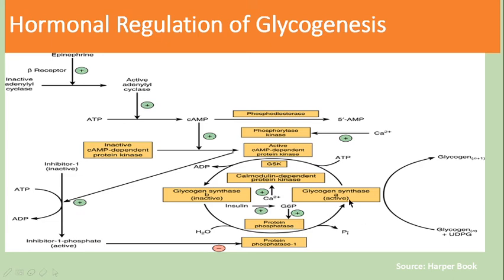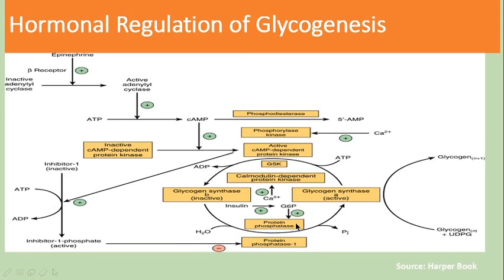After removing this phosphate, it becomes the dephosphorylated form. We all know that the dephosphorylated form of glycogen synthase is active. So in the presence of insulin, glycogen synthesis will take place.